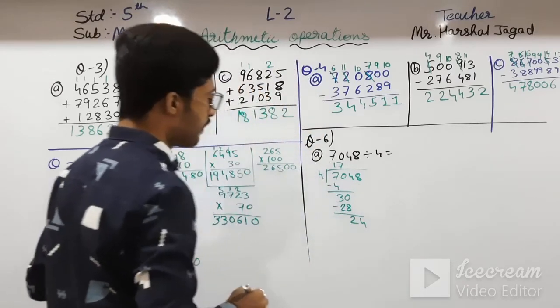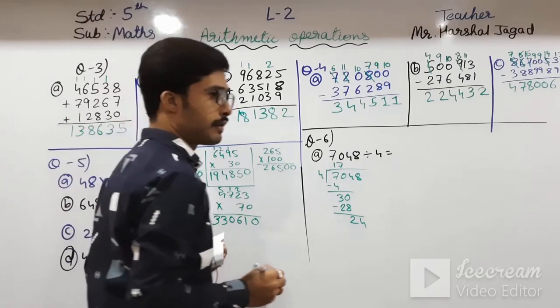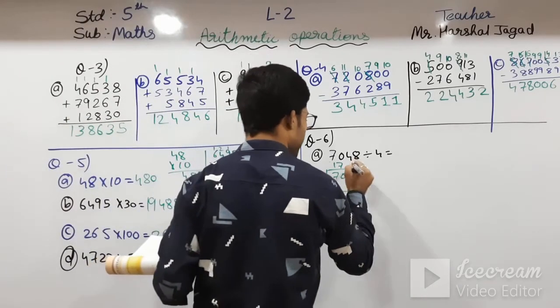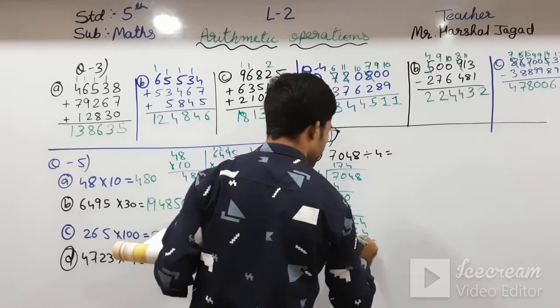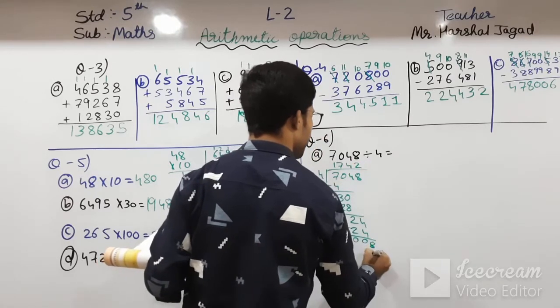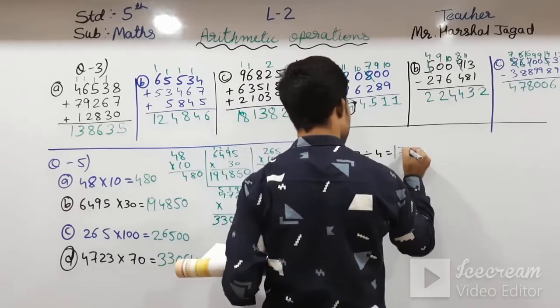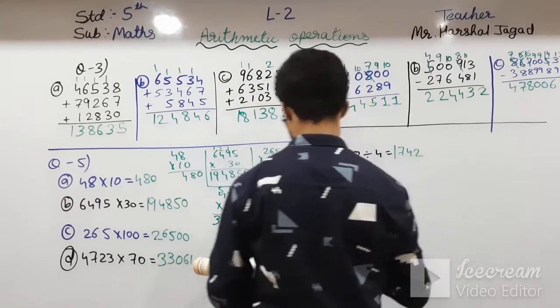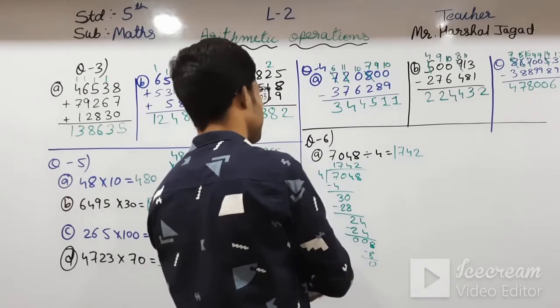So 5 4s are 20. 6 4s are 24. Here 0, 0 and comes 8, that is 4 2s are 8. This is our answer, that is 1742 is our answer.